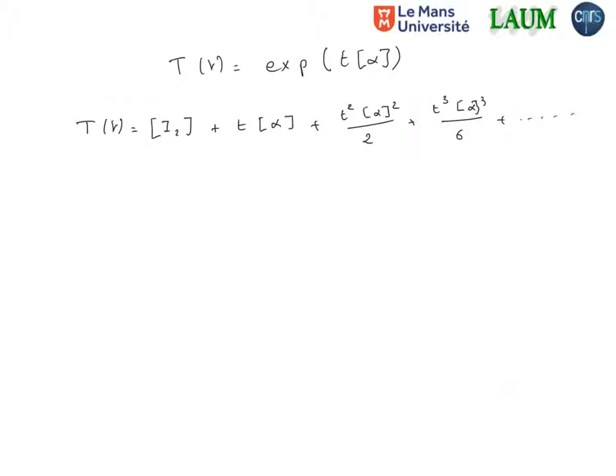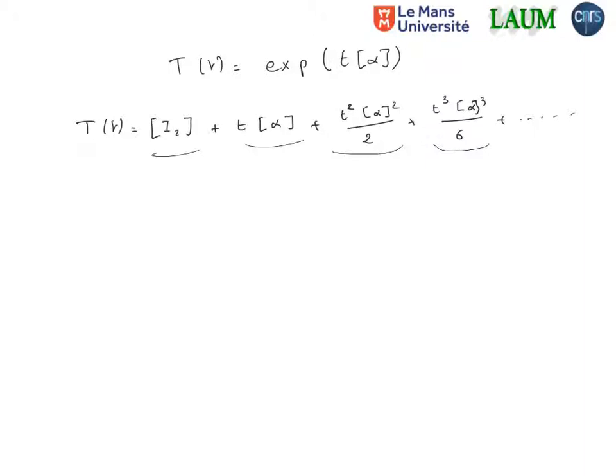The expression of the transfer matrix is given by the exponential of t times alpha, and the definition of the exponential of matrix is I2 plus t alpha and so on. This is the series expansion of my matrix, where you see that I have successive powers of my matrix.